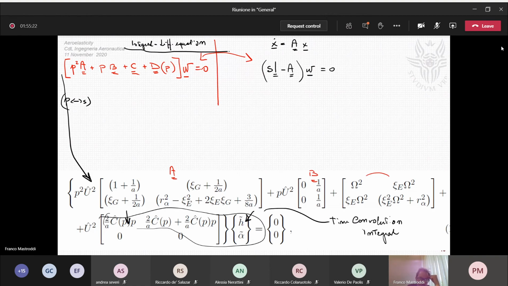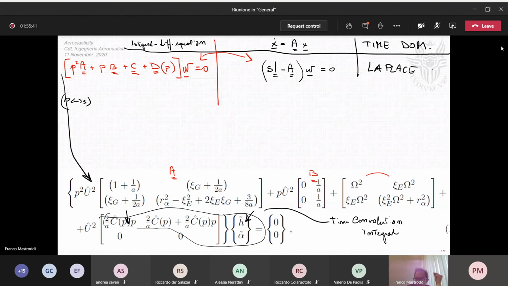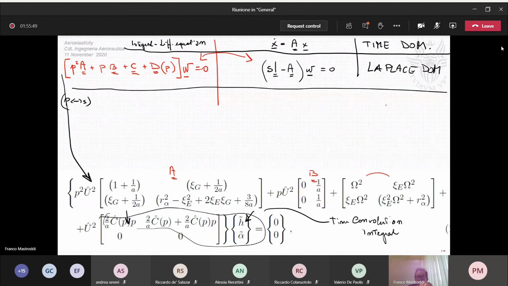So you have an integral differential equation in time domain, and you have a polynomial or a transcendental equation in Laplace or frequency domain. This is the final conclusion of this story.